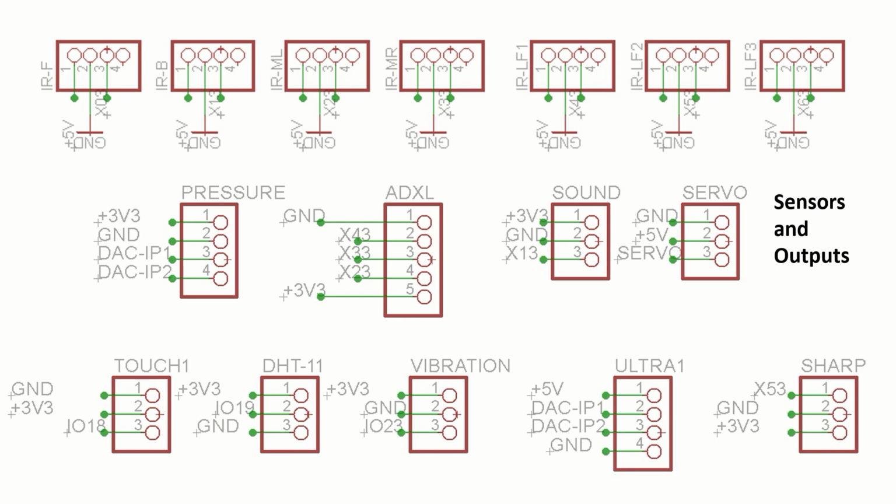Pin number 1 is 3.3 volts, pin number 3 is ground. What we do is take a simple 2-pin jumper and short circuit the IO19 pin this side, that means short circuit pin number 1 and 2.